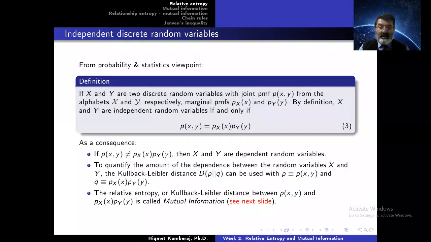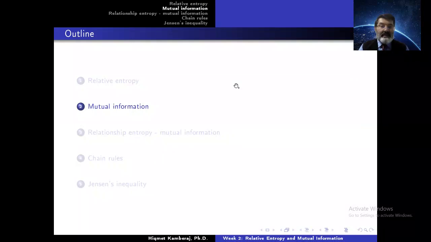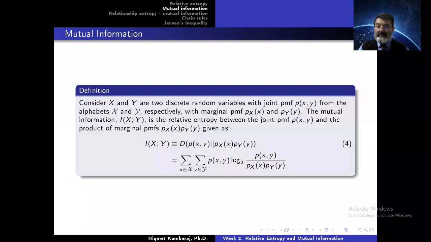The relative entropy, or Kullback-Leibler distance, between the joint probability mass function and the product of marginals is called mutual information, and this is given on the next slide. So on the next slide I'm going to introduce the mutual information definition.